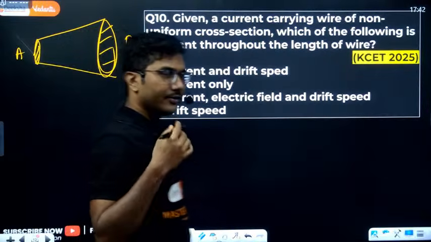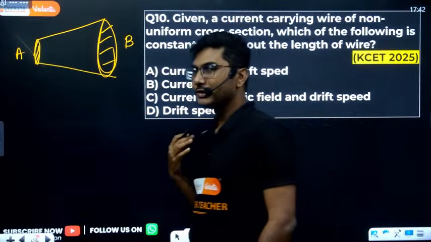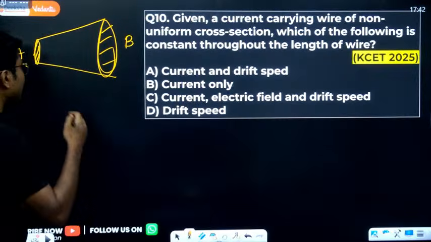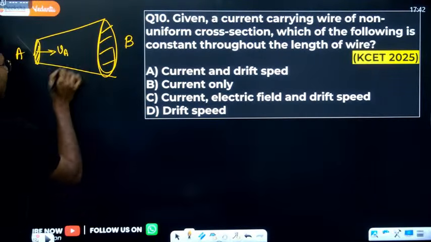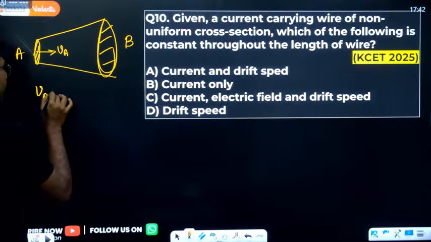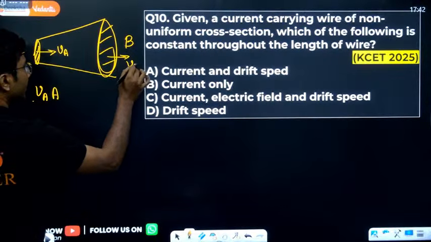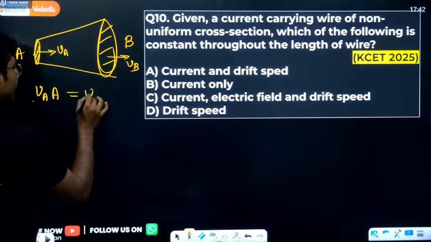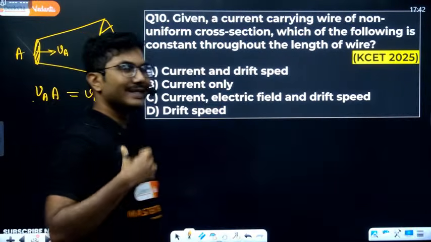Now drift speed is related to the continuity equation that you studied in your PU1, and in my lecture also I told you that if you multiply drift speed with the area, that is a constant quantity. So drift speed into area is constant. Here also same thing: VA into A equals VB into B. So as area increases, drift speed decreases.